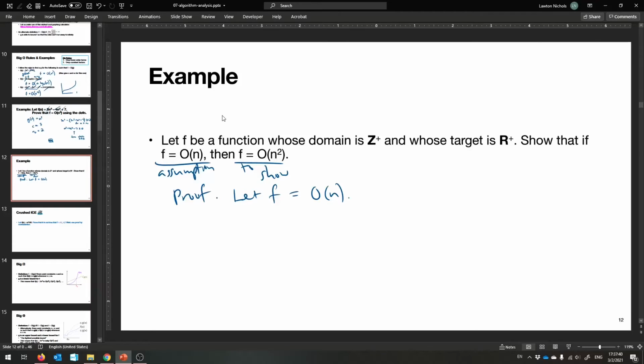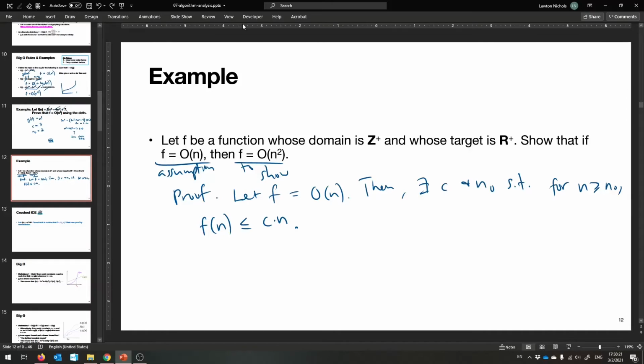That means, unwrapping this definition, there exist a c and n naught such that for n greater than or equal to n naught, f of n is bounded above by c times n, because that was the original function. Okay? So we know that. We need to show now that it's also bounded by this.